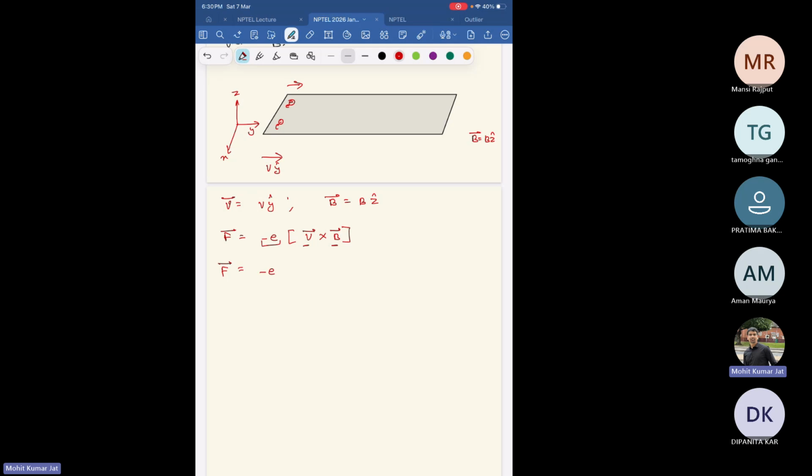So minus e times v y-cap times B z-cap, and y times z will be x-cap, right? So the force will be in the negative x direction. So the electrons which are moving like this will encounter a force in this direction, and as a consequence, they will start orbiting like this.